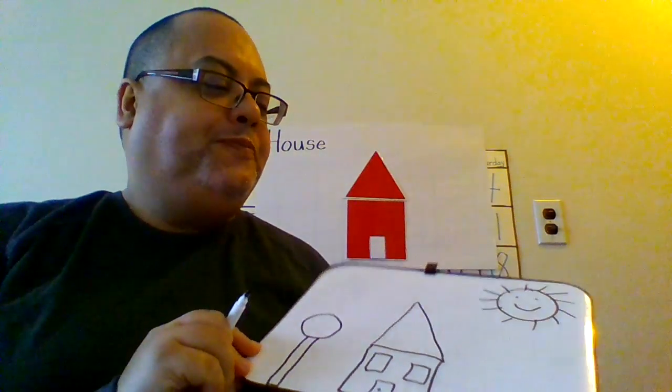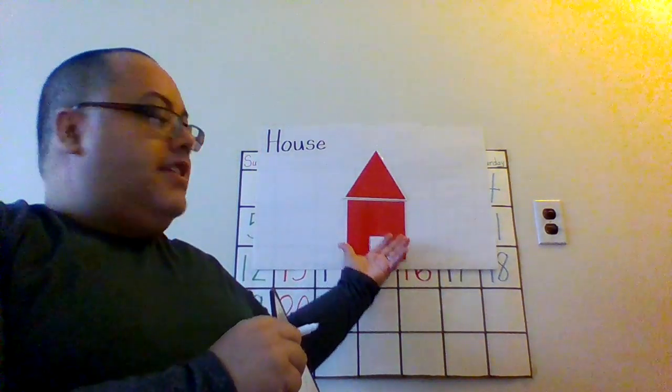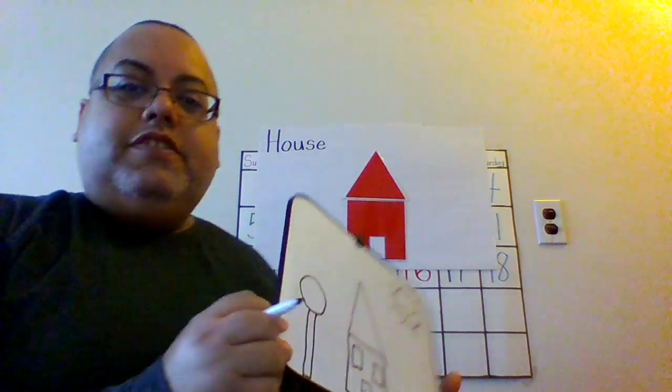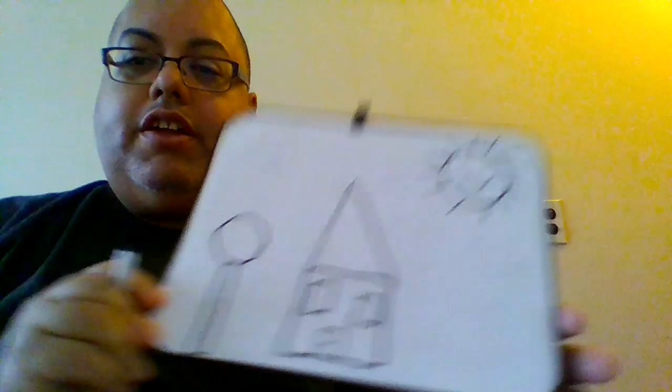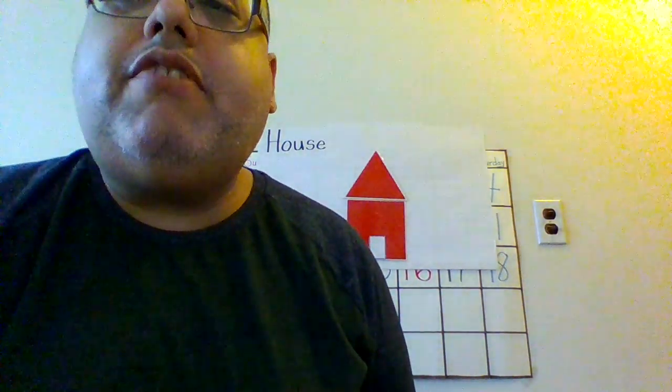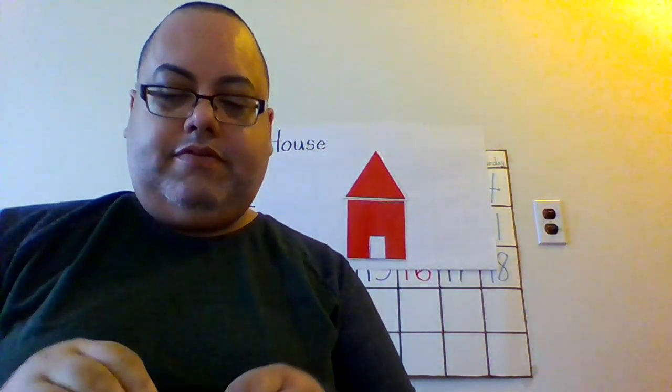Okay? So, we did this on the chart. We did it in drawing. Now we can do it in writing. And this part is very, very important to me. Because like I told you, you're going to what? Kindergarten.